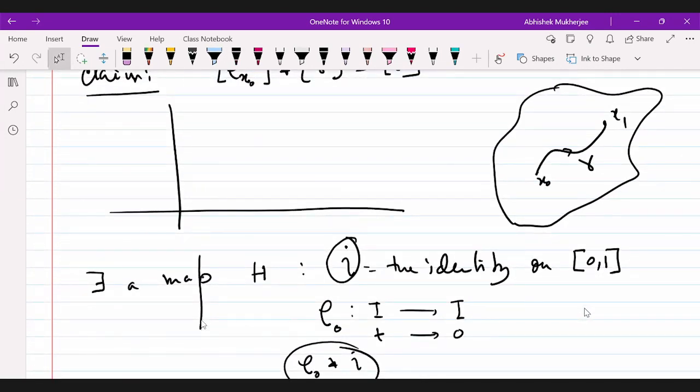What is the graph of I? So this is your I on the closed interval 0, 1.